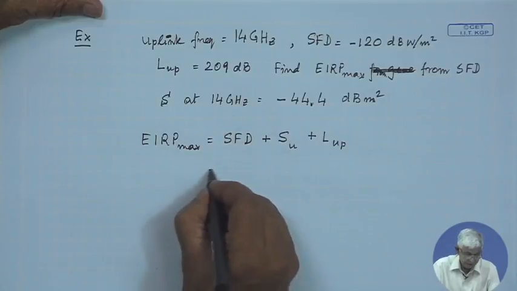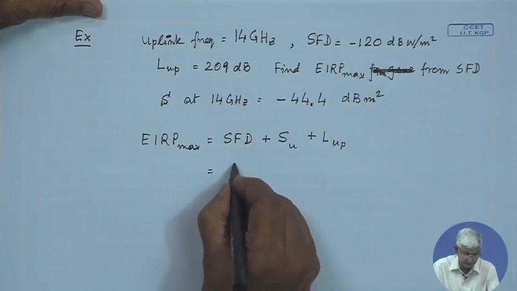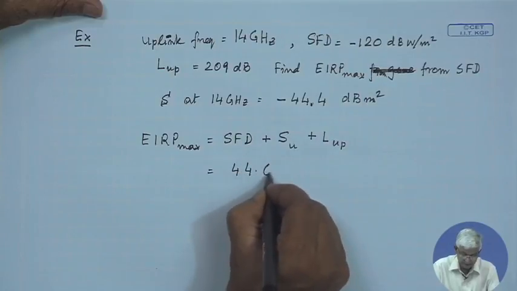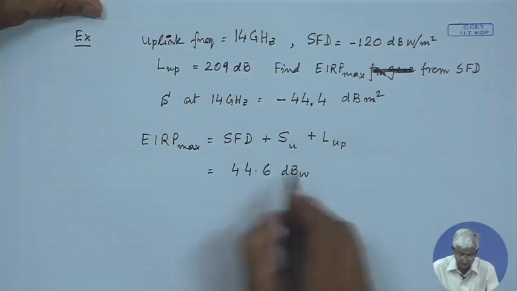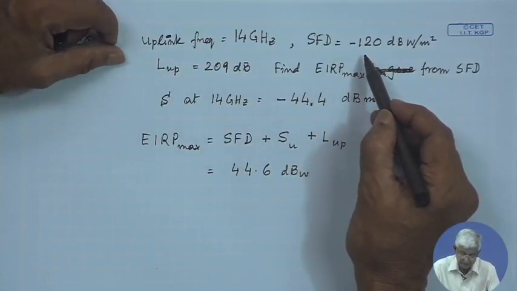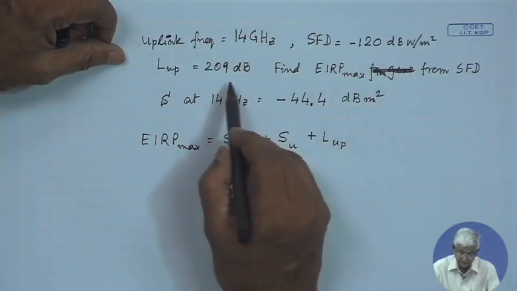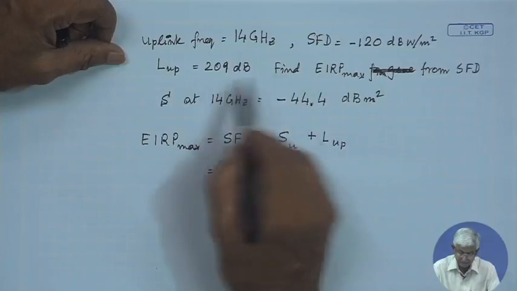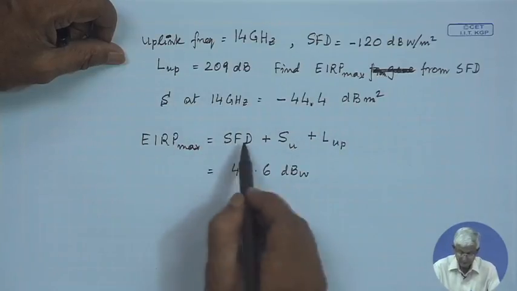Okay. So, therefore, you just put these numbers and you will get something like 44.6 dBW. Can you verify the number? So, this is how, if SFD is given and frequency is given, you can find out the lambda, and loss is given, path loss. So, you can find out EIRP maximum from SFD. SFD to EIRP maximum can be found out.